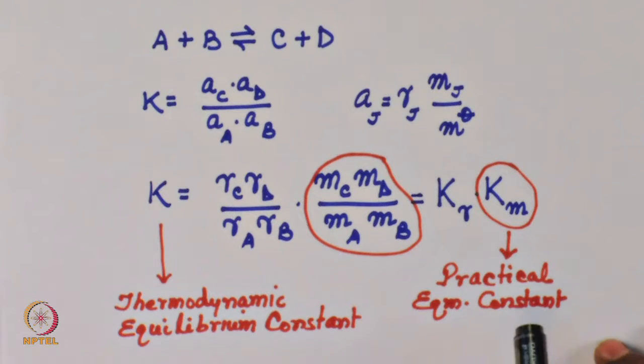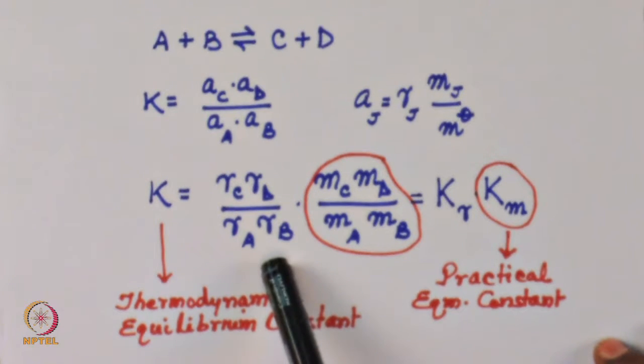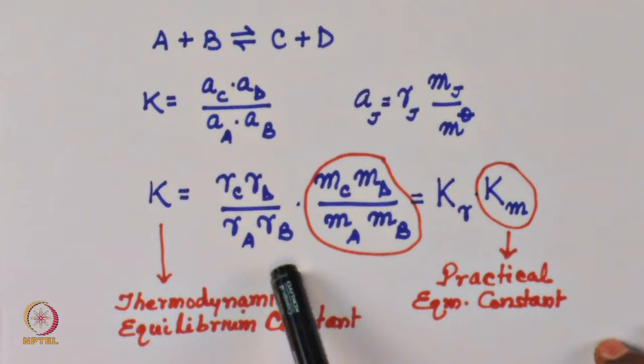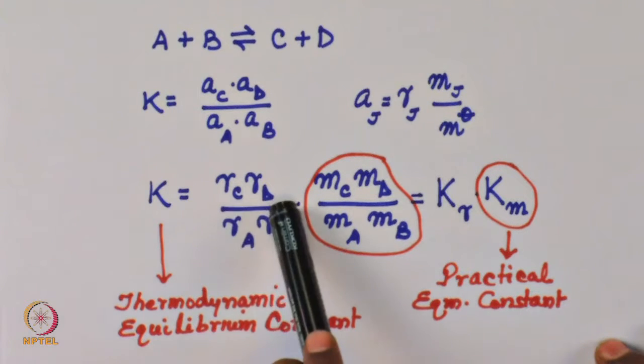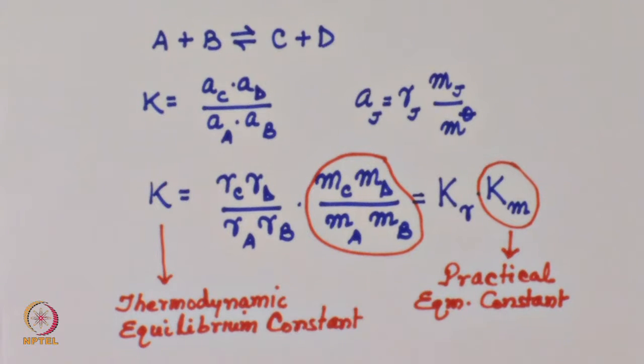So, practical equilibrium constant can be converted to thermodynamic equilibrium constant if we know the activity coefficients of the products and reactants at equilibrium composition. How do we get the activity coefficients?